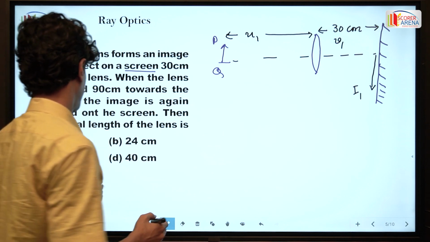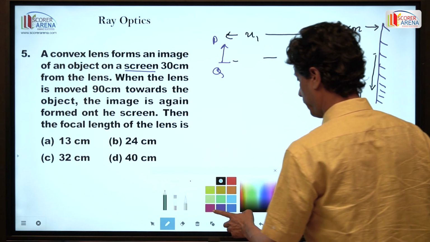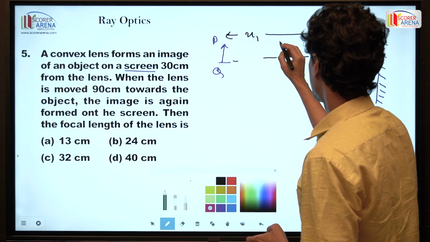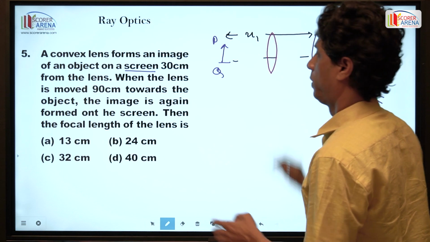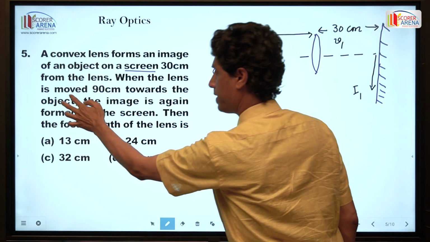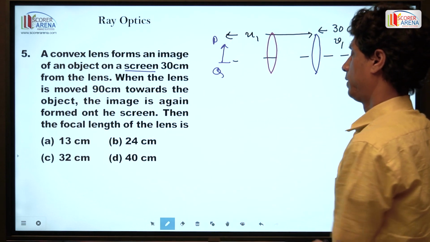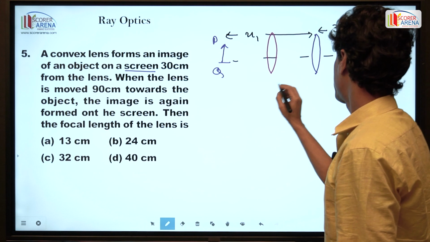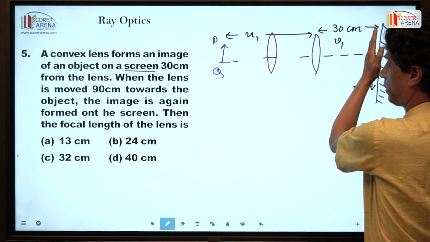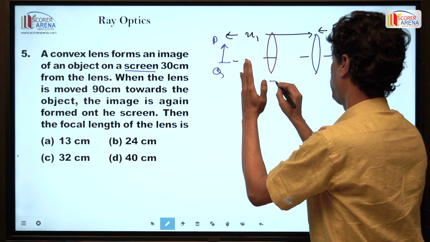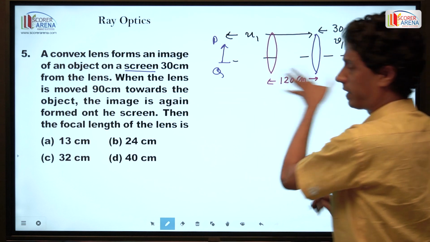Again, if this lens is moved 90 centimeter towards the object, this distance, initially 30 centimeter from the screen, becomes 120 centimeter, though the scale is not proper.